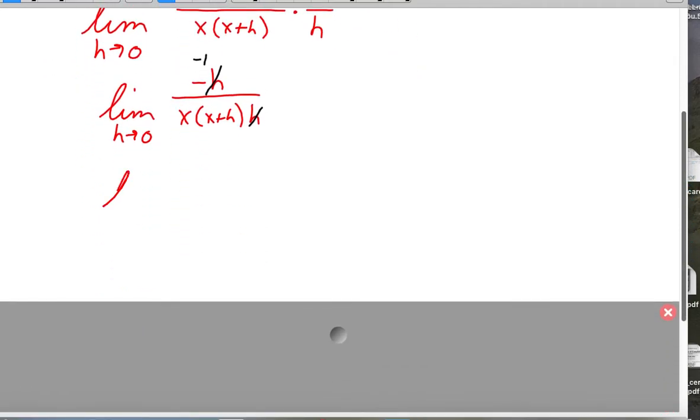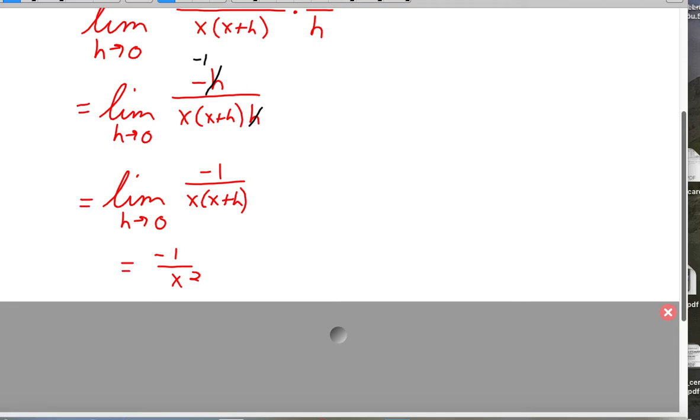And so now I have the limit as h approaches 0 of negative 1 over x times the quantity x plus h. And as I said in the previous example, x is unaffected by h going to 0. So now I can plug in 0 for h, and I'm going to get negative 1 over x squared.